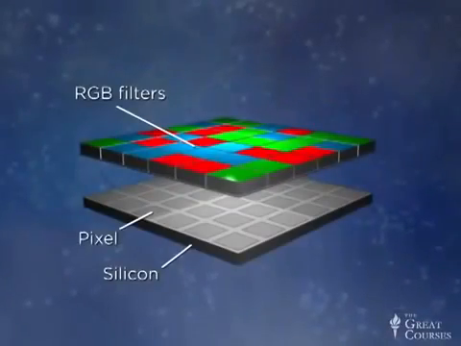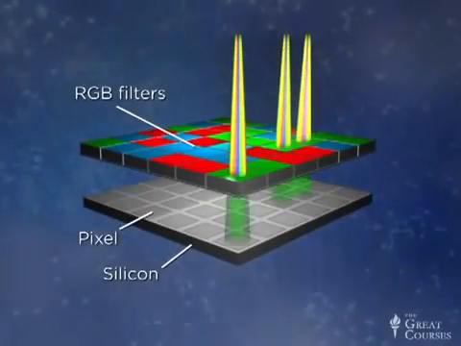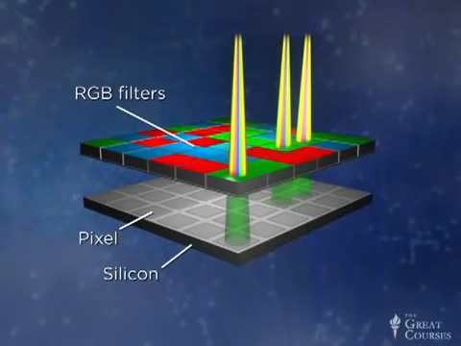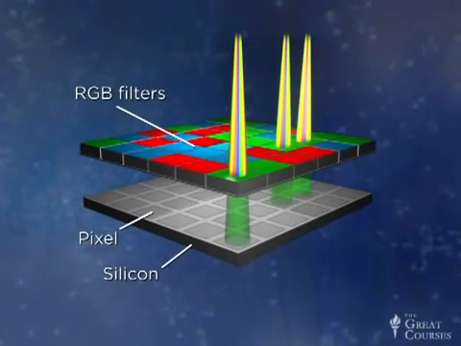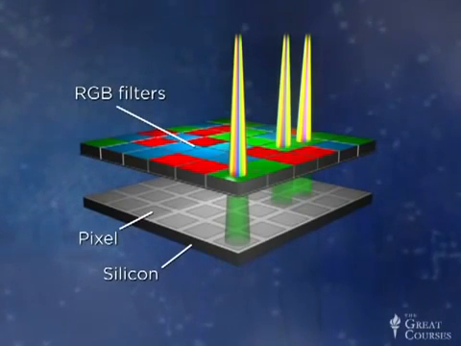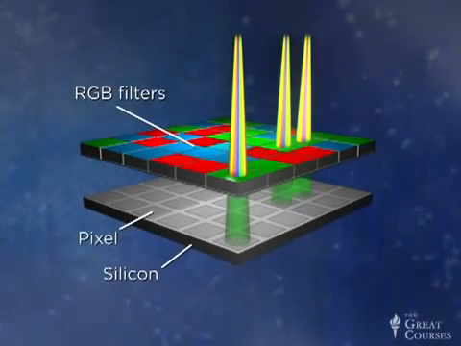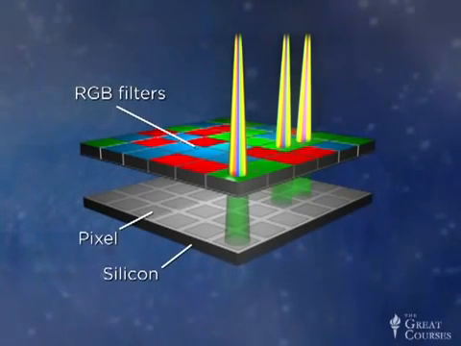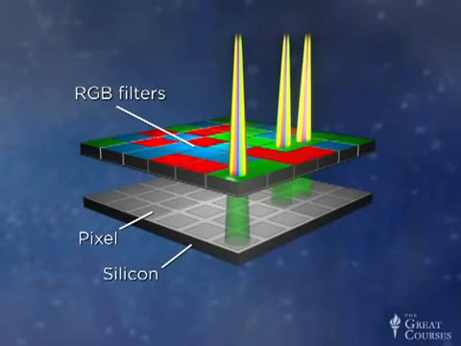Well, to make a digital camera that can take color images, what we do is we take this array of pixels that we've made on the silicon, and then we overlay that with a little matrix of red and green and blue filters. Now, that works, it's effective, but in doing that, we are throwing away quite a bit of light.